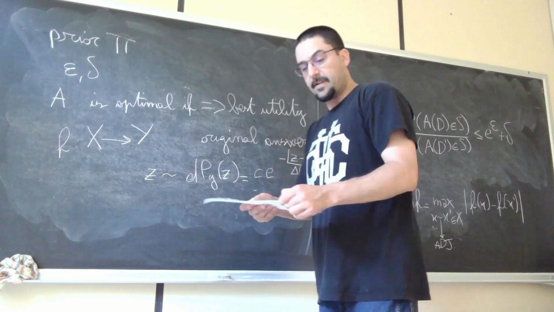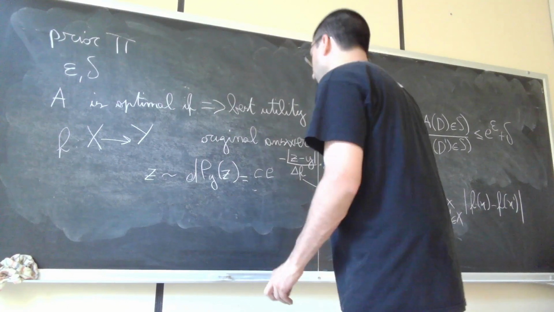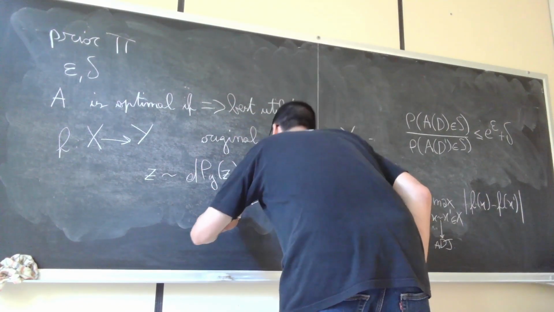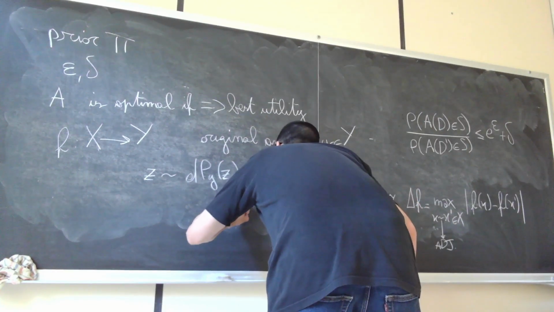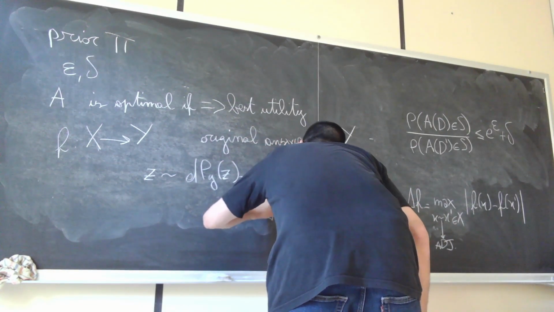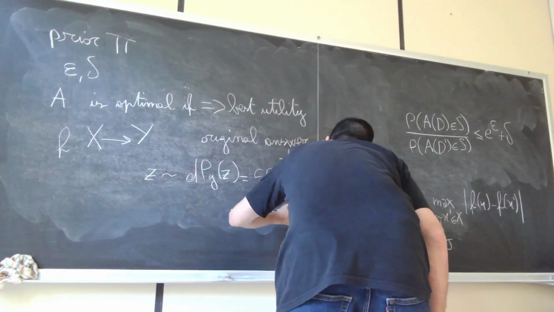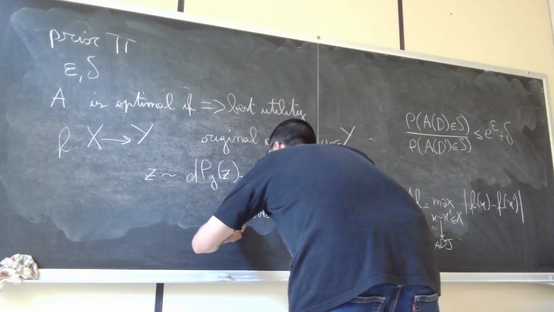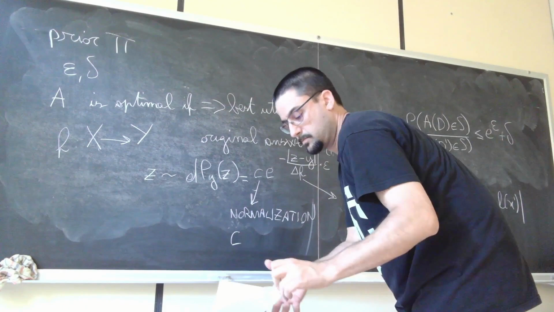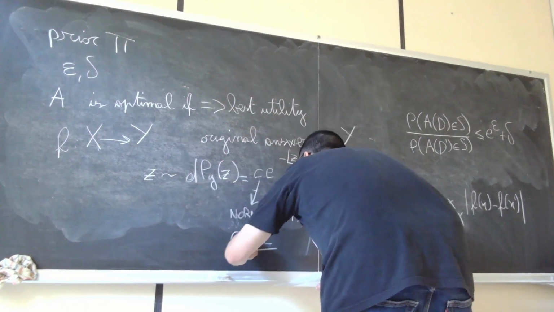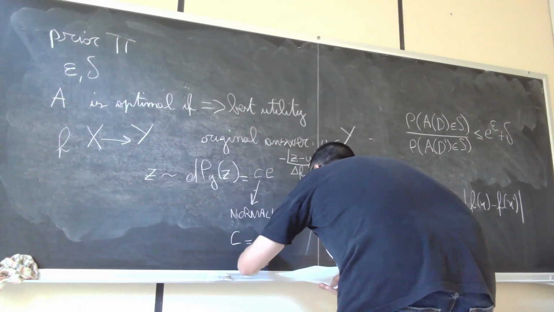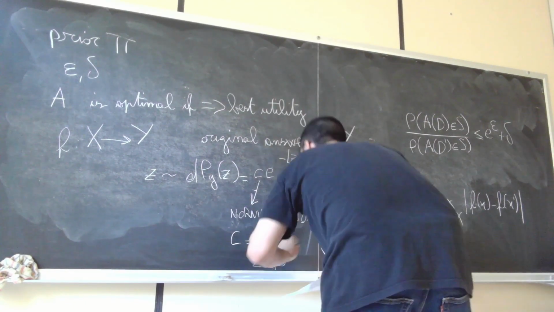And finally, the normalization factor, so this C here, is equal to epsilon times 2 times delta f.